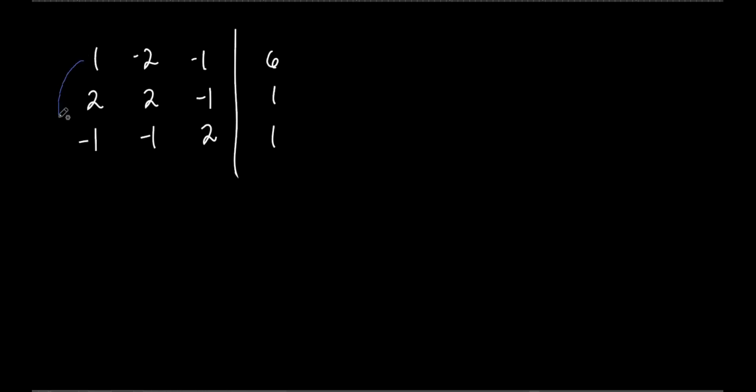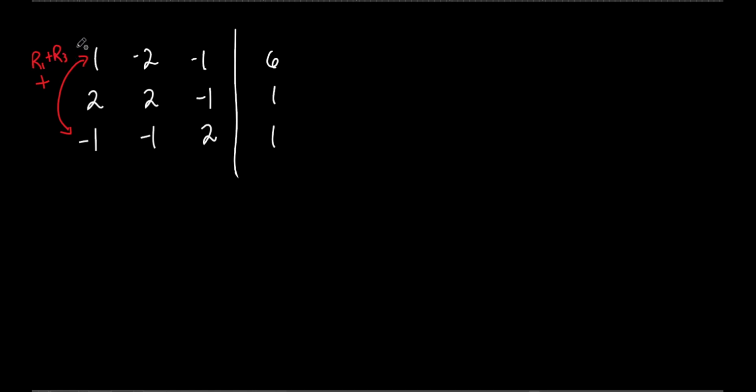If I just add the first row to the third row, what will that do right here? That'll make it a 0, won't it? So let's do that right now. All right, let's just add. I'll put a plus right there. So add R1, row 1 plus row 3.